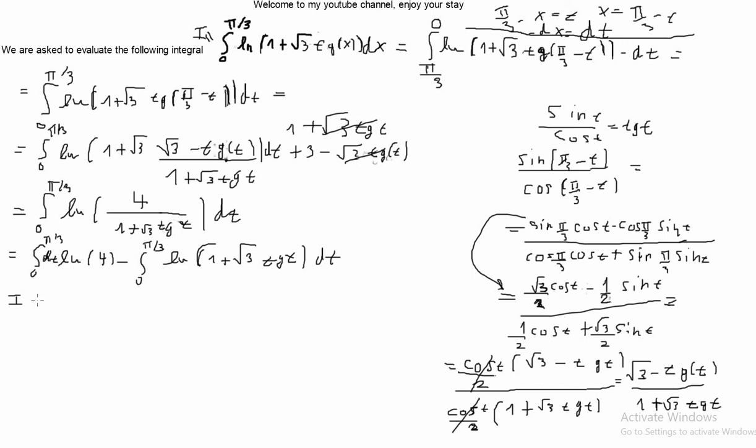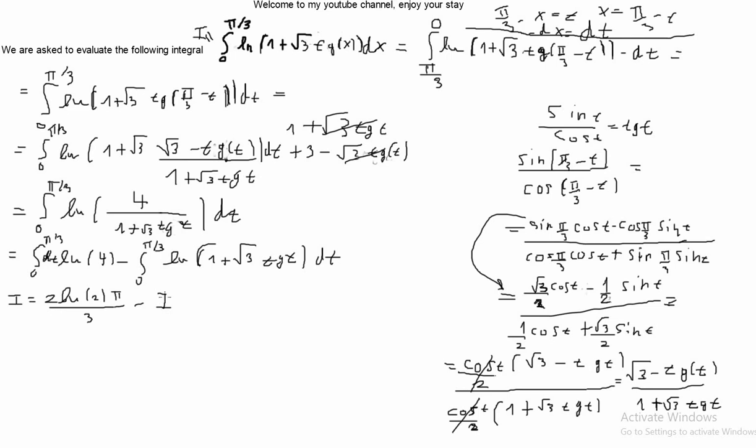Ln 4 is 2 times ln 2, nothing special, times pi over 3. It's just a constant; we are integrating a constant. So we get this from here, and this integral is the same as this one, so it's minus I.